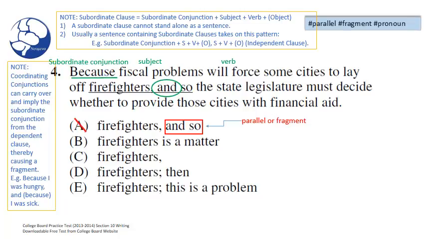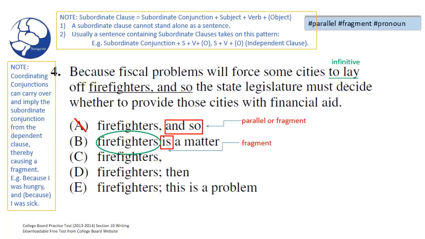And let's look to choice B. Here we have another fragment error. Why? Well, we've circled firefighters. Why do we circle firefighters? Well, in choice B, it seems like firefighters is acting as a subject for an independent clause. Well, it's not. If you look closely, firefighters is actually the object of the infinitive phrase to lay off.